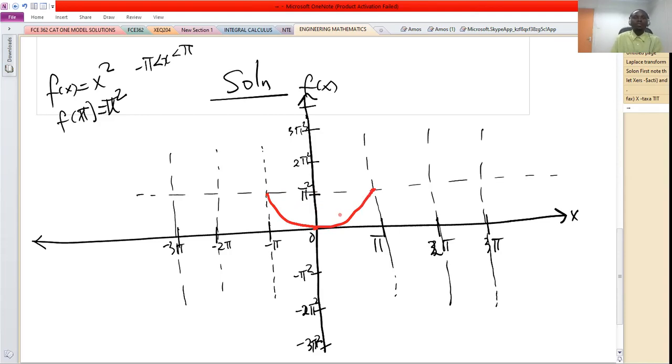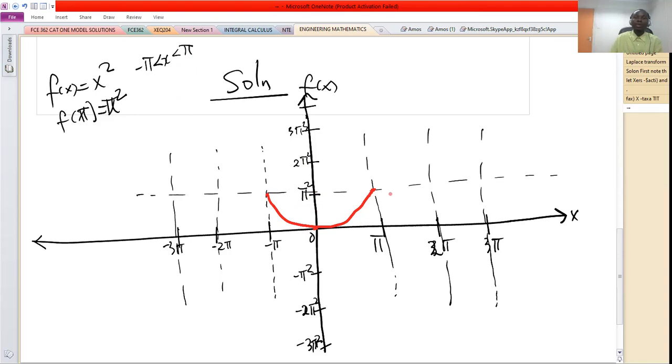It's a quadratic graph. Once you know this, you don't extend it to cover everything; you just draw one quadratic from minus pi to pi, because it's only given by this in this interval.